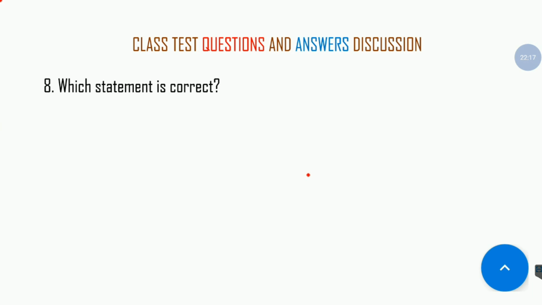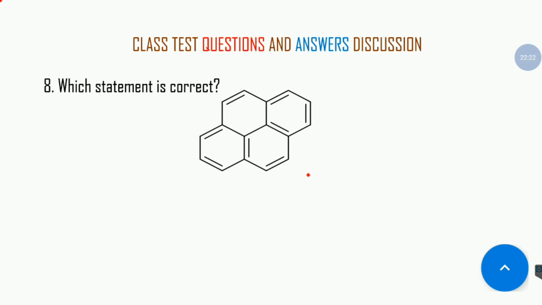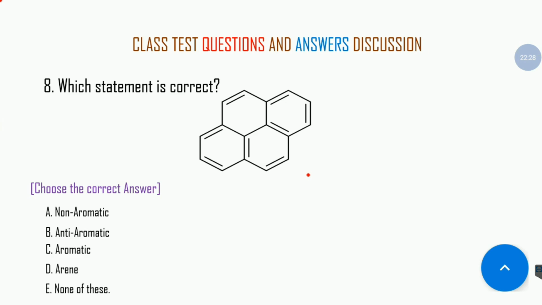Okay, next question number 8. Which statement is correct? So here are your options. Actually, this question is a tricky one. Let's first find out whether it's an aromatic, anti-aromatic, or non-aromatic compound.